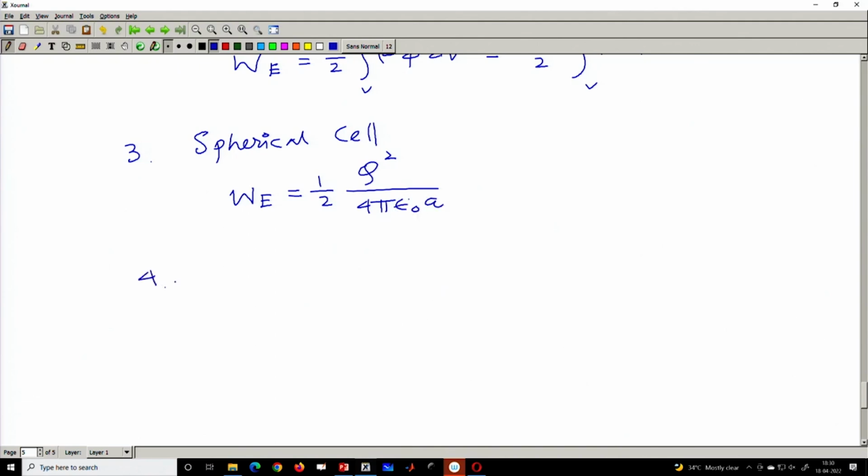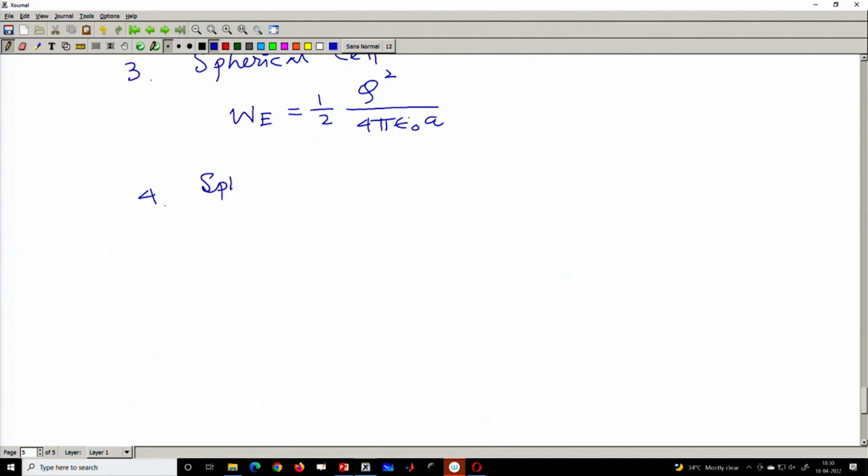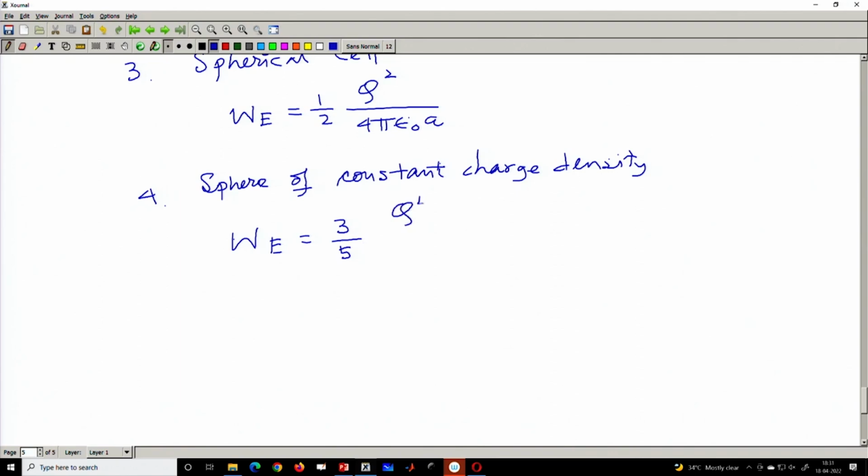And finally, for a sphere of constant charge density, that value is 3 by 5 and then q square divided by 4 pi epsilon 0 a. That is the value, I just wrote it here.